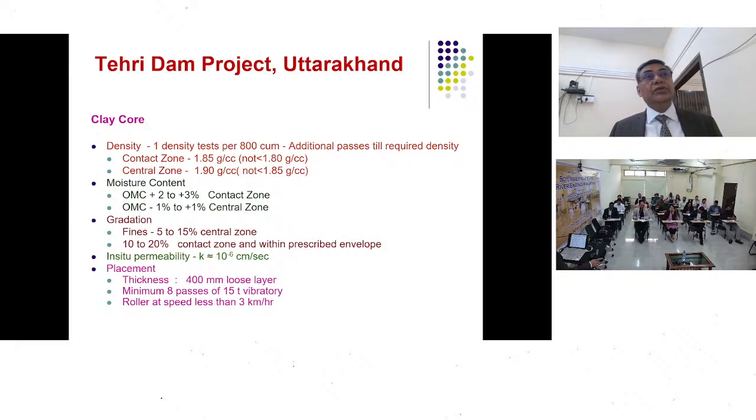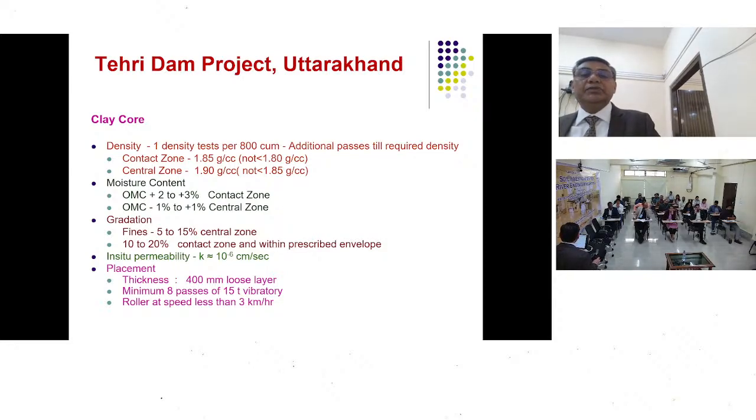In the contact zone, the design density was 1.85, but in any case not less than 1.8. In the central zone 1.9, but not less than 1.85. Moisture content OMC plus 2% to 3% in the contact zone and OMC plus or minus 1% in the central zone.